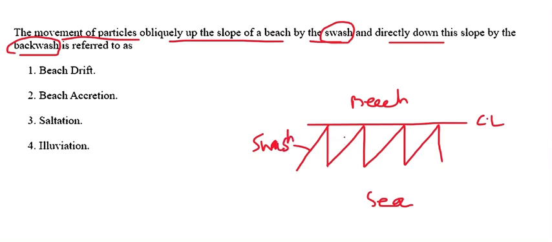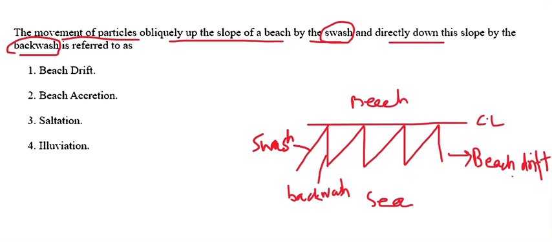And the water that is returned directly down the slope, we call that the backwash. And this whole process we call beach drift.